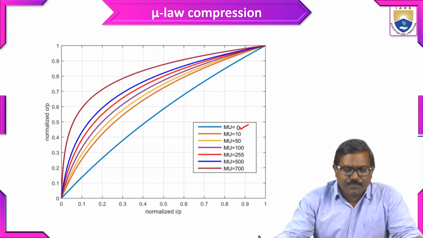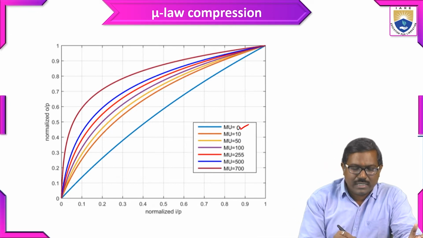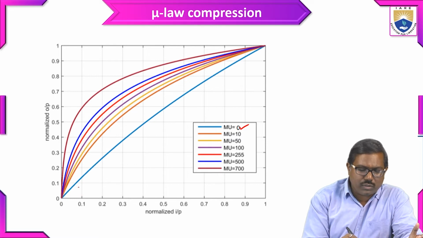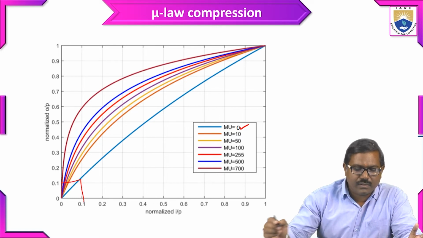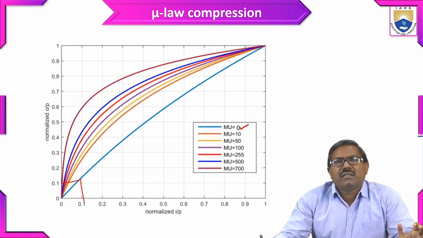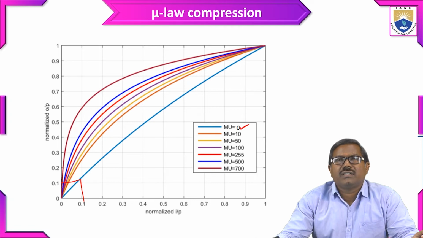When you consider the input level to the output, both are linear. You can see at low levels this is almost equal. That means here there is no compression system. The input is equal to output, there is no compression.